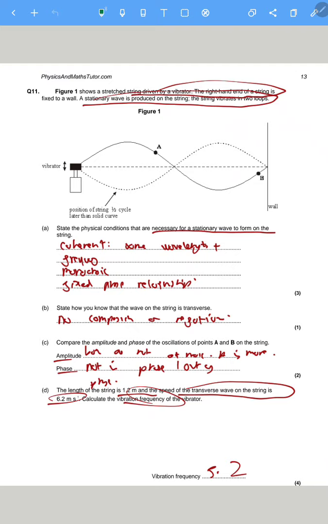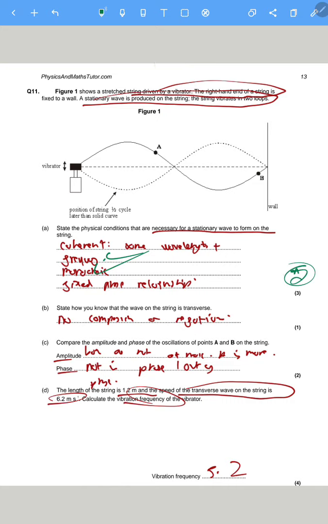Next, reflection: 2 waves traveling in opposite directions, have similar amplitudes, similar frequencies, and only lose energy at the wall. So coherent has the same frequencies. But surely, okay, reflection: 2 waves traveling in the same direction, fixed phase relationship, similar amplitude, only lose a little energy. So I'm claiming 2, but I didn't write all of them.